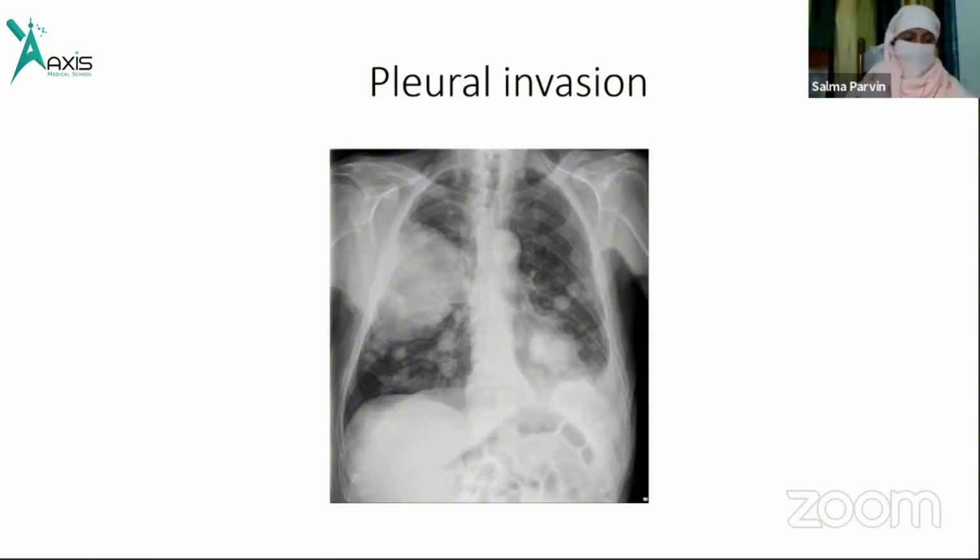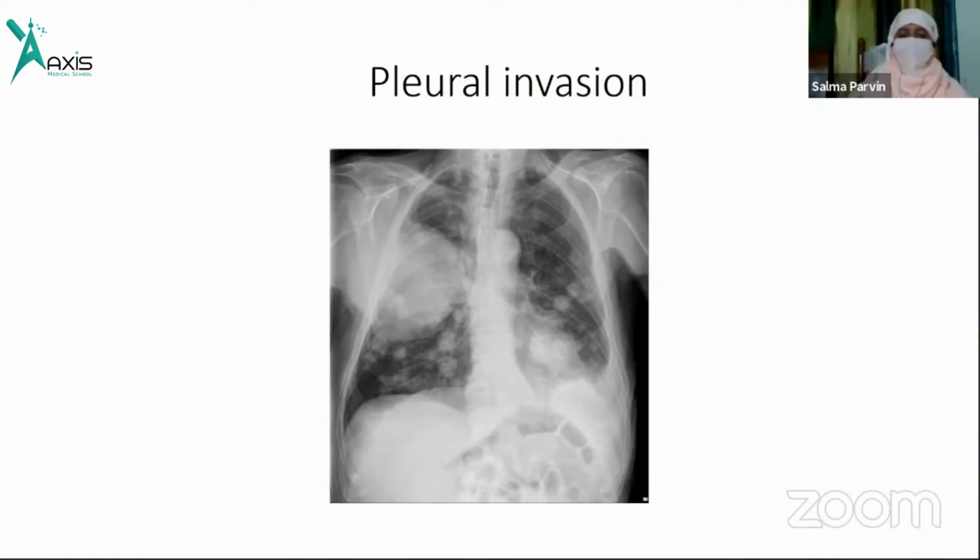So whenever there is a pleural invasion, it is outside the dependent part of the CP angle, whatever the patient's position, it is not residing in relation to the dependent part of the patient.